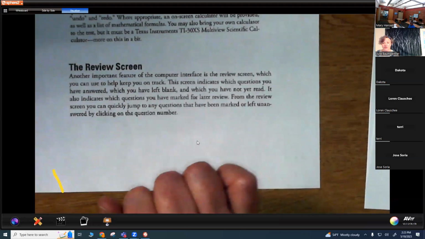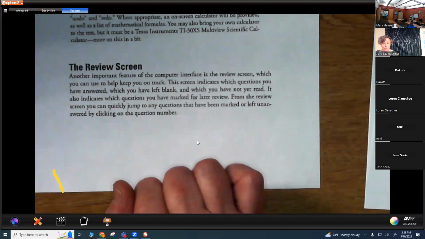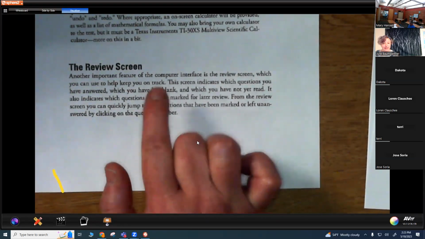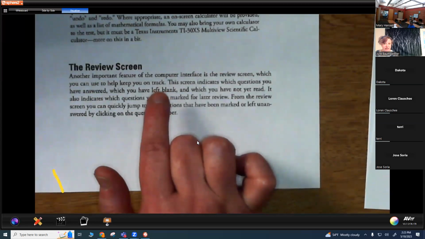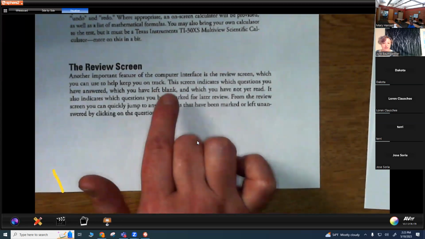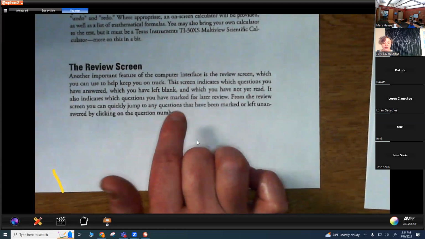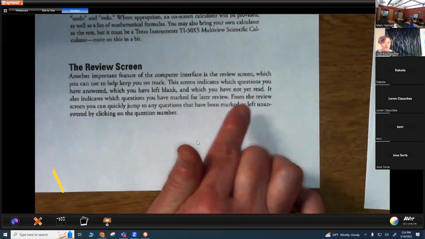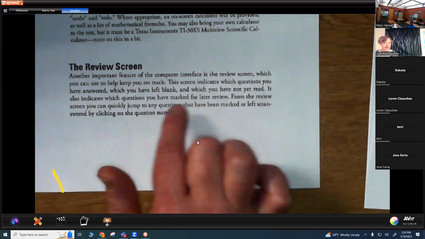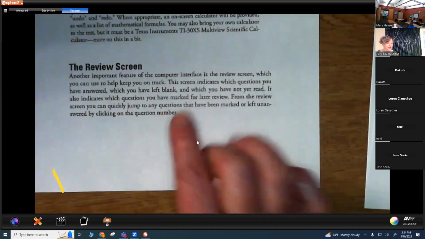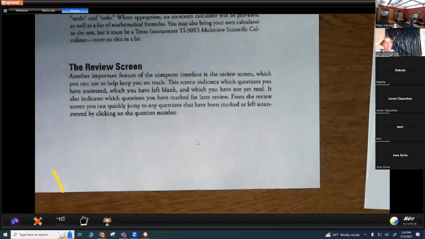And that's what the review screen lets us do. Basically it lets you see all of your questions. You can see which ones you've answered, which ones you have left blank, which ones you haven't read. You can also mark them for review, so you can come back to it later. It'll basically say, show me this problem again when I get through the rest of them.